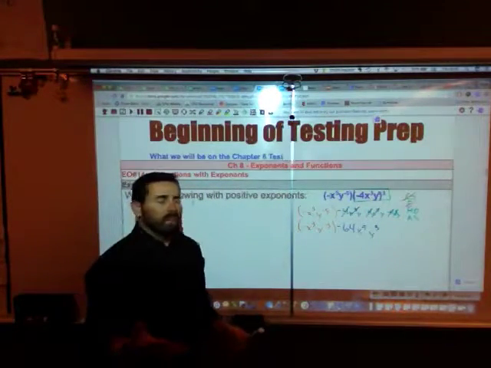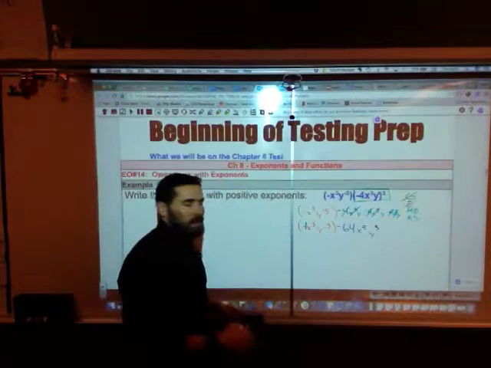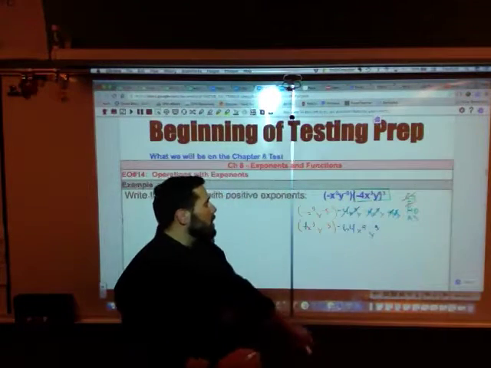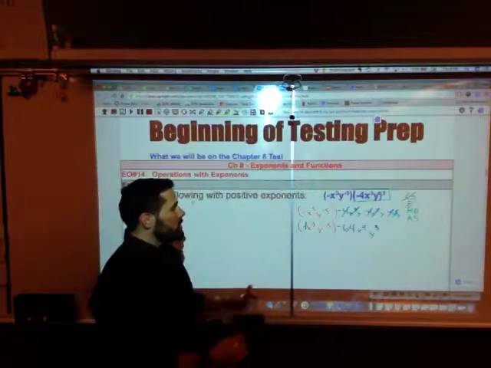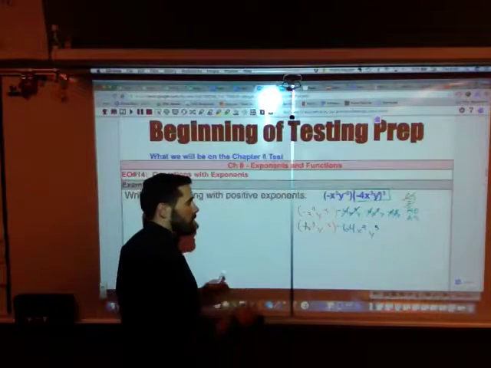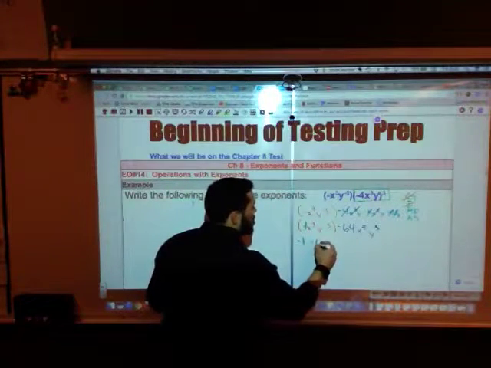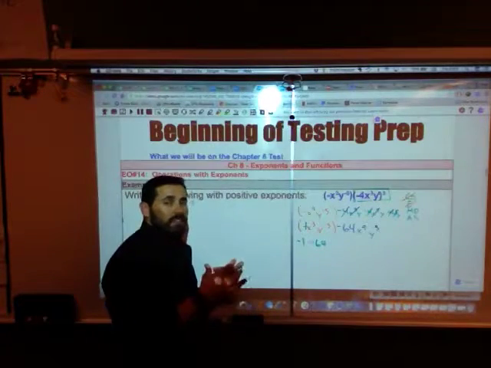Again, in math, there are some things that are implied. And it's implied that this is a negative 1. Kind of like it was implied that this is being raised to the first power. Right here, this is a negative 1x. So I'm actually going to reorder everything. I'm going to take my numbers and put them next to each other. And I'm allowed to do this because multiplication is commutative, which means you can change the order.